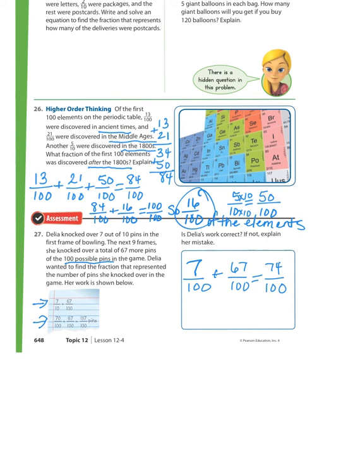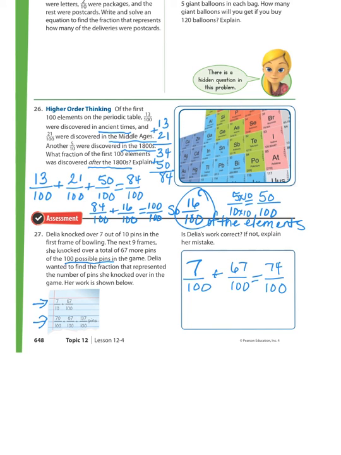I think this problem was a little tricky because of the 7 out of 10 pins in the first frame. Each frame that you bowl, you have 10 pins in each frame. So 10 pins in 10 frames equals 100. So the 7 out of 10 is just the first frame. The 67 out of 100 was 9 frames.